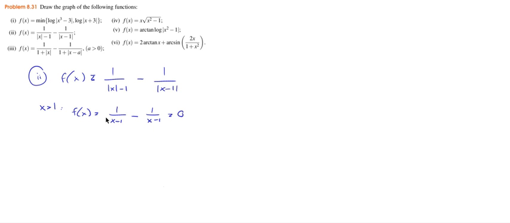Okay, now if x is between 0 and 1, then this is 1 over 1 minus x minus 1 over x plus 1, right? You change the sign here. So you have 2 over x minus 1.